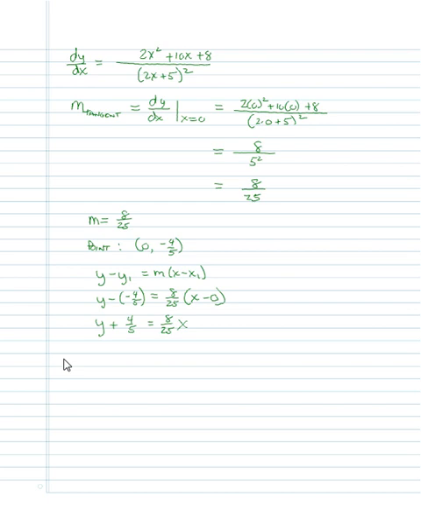X minus 0 is just x. So we subtract 4/5 from both sides. Okay, subtract 4/5 from both sides, and then this is the equation of said tangent line.